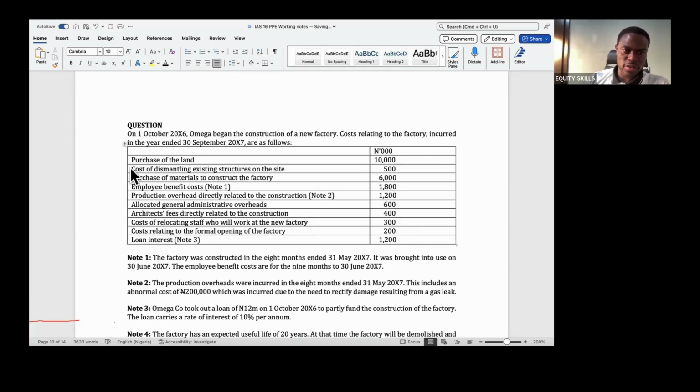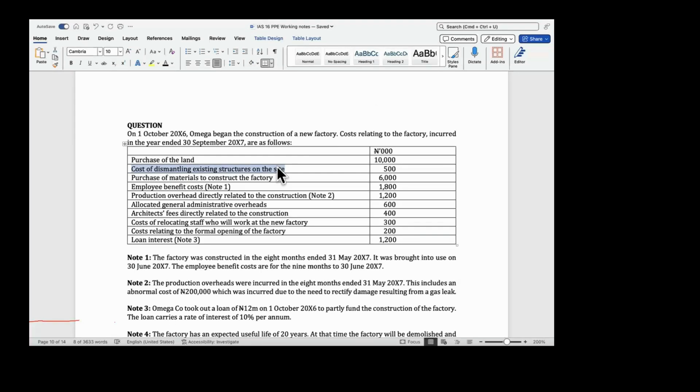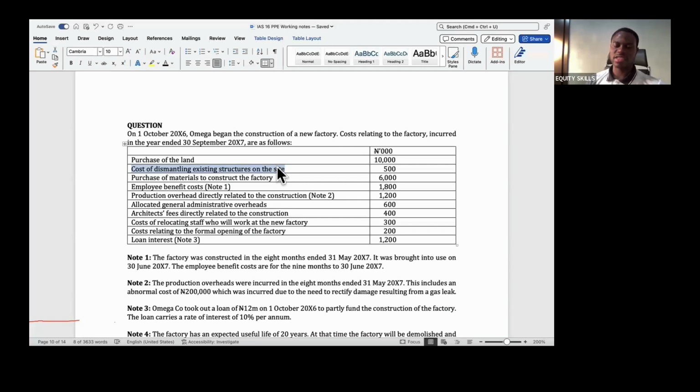The next one is cost of dismantling existing structure on the site. What do we do to this? It should be capitalized, sir. It's a part of site preparation. Yes, I fully agree with that.